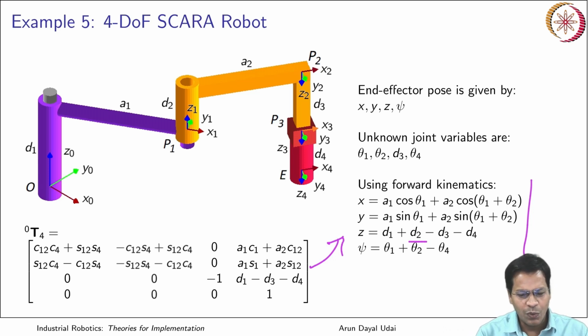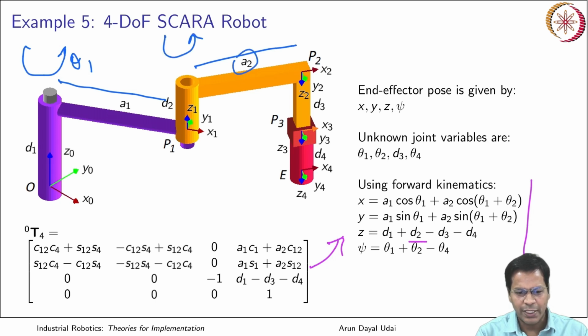Okay, so your 2R friend is again here. So you see, this is your first link, this is your second link, is it not? This is A1, which can rotate about the vertical axis by an angle theta 1. This is A2, which can rotate about the vertical axis, that is theta 2. Very nice.